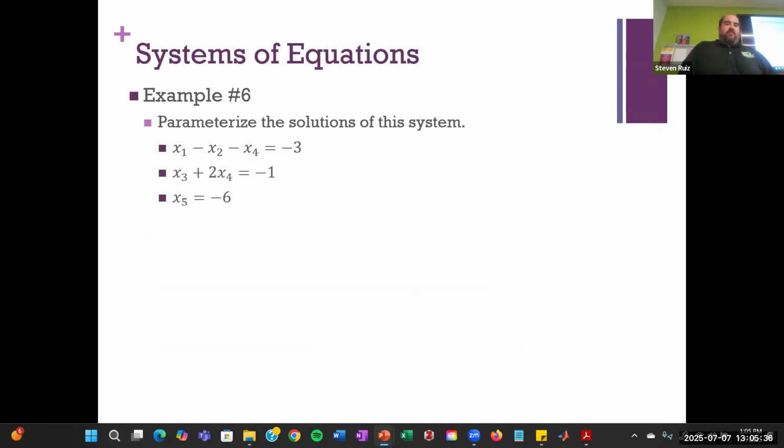Okay, so let's take a look at one here. So how many variables am I looking at now? 5. I don't have enough equations to represent them, but let's try to parameterize as much as we can.